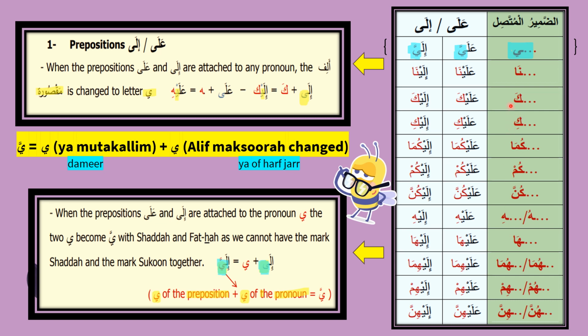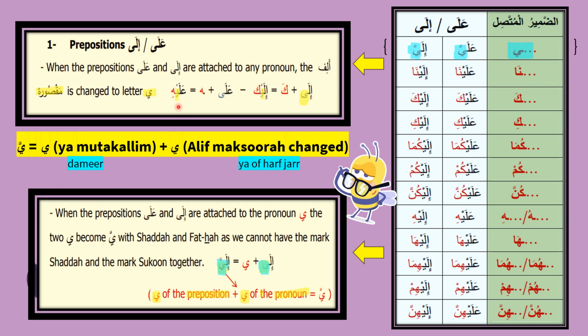Please remember that it doesn't happen with the kuma or the kum or the kunna. The mukhatib attached pronouns don't change, as you can see here. It happens only with the ghaib pronouns, and that also happens because of the sounds, not due to grammatical reasons. So you can see the ha is attached and it changed its haraka to kasra.